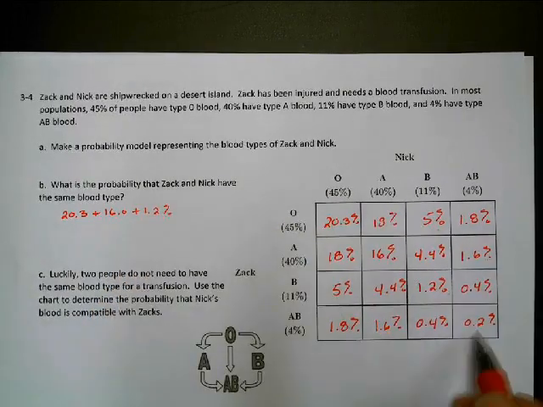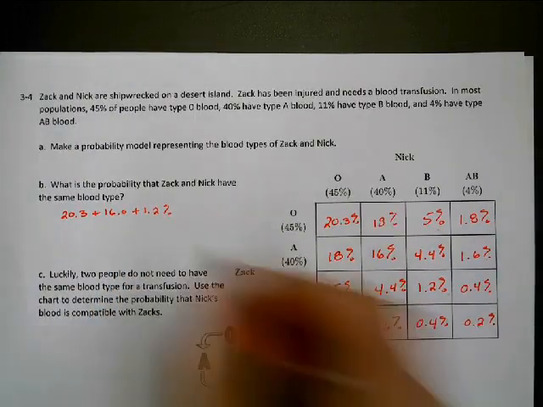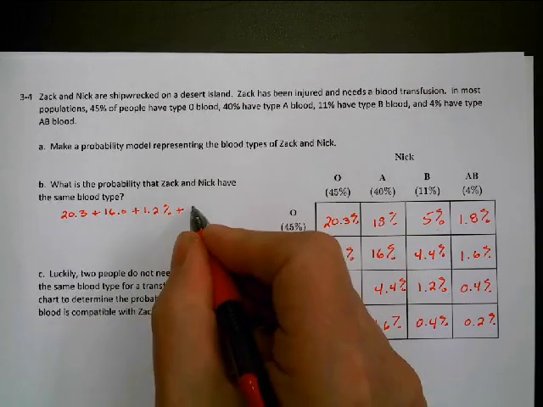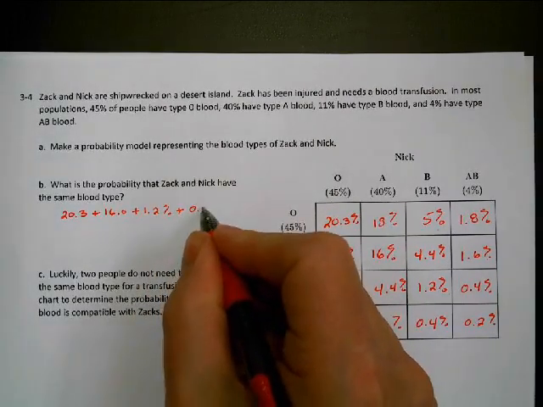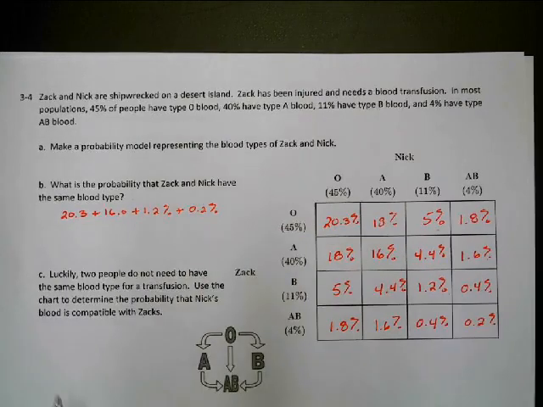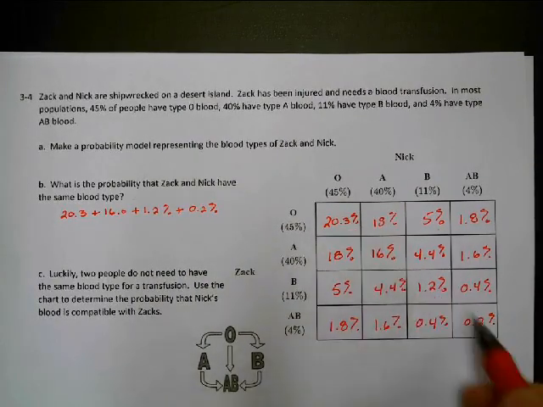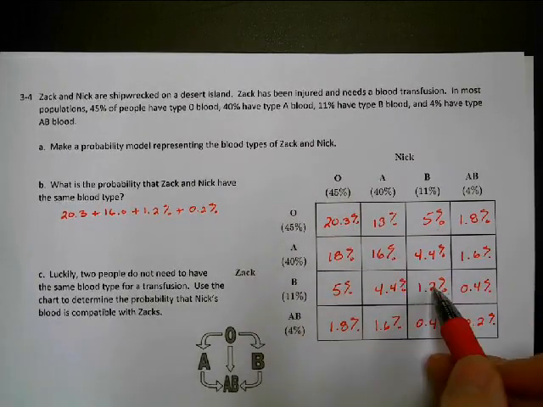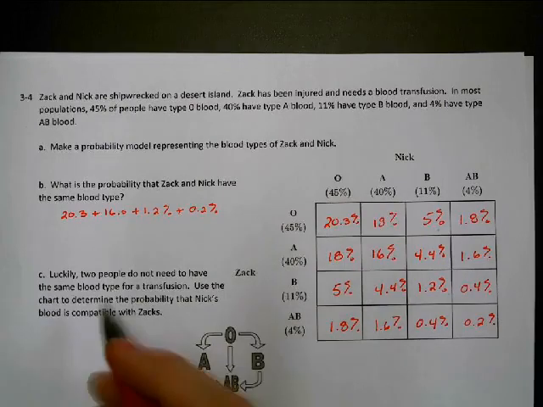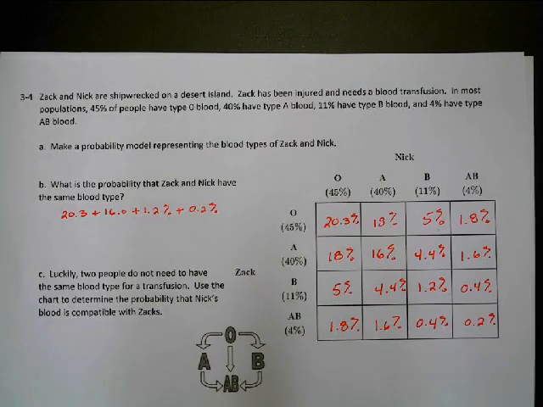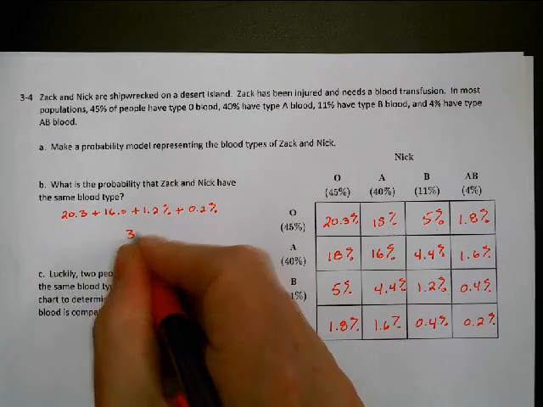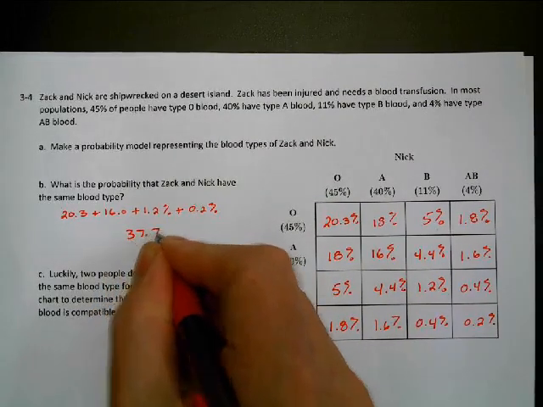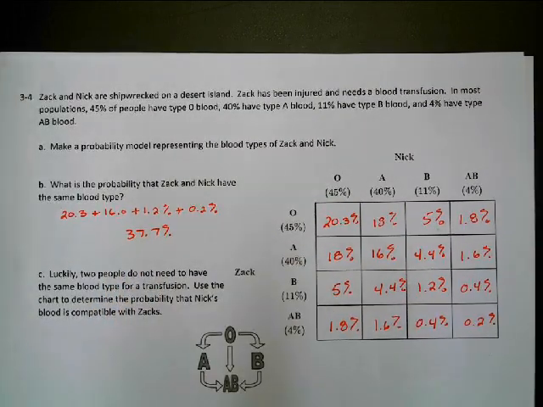So we're looking for all of our sample space where they have the exact same blood type. And these 4 spaces are where they have both OO, A and A, B and B, AB and AB. So we would add up all those parts of our sample space. So if we add all those numbers together, there is a 37.7% chance that they have the same blood type.